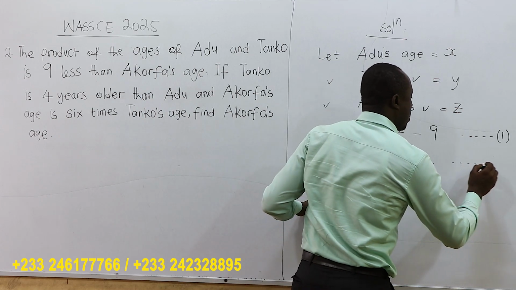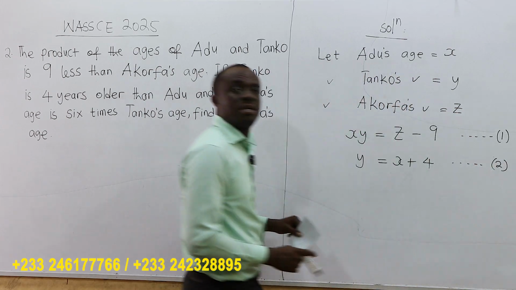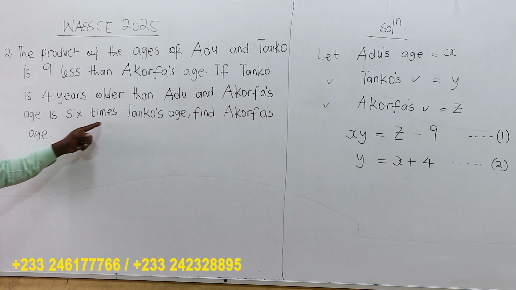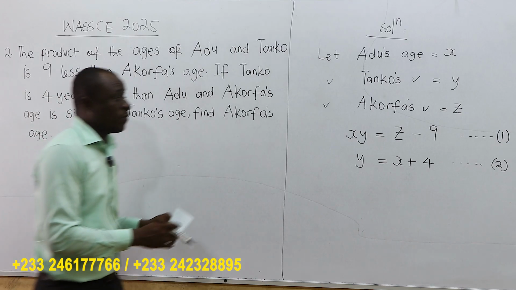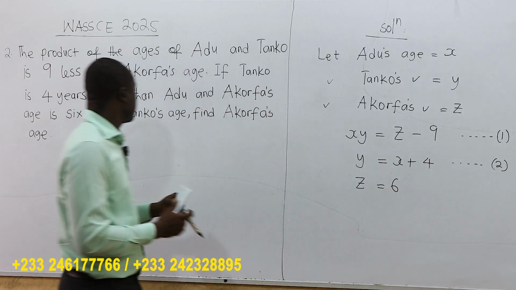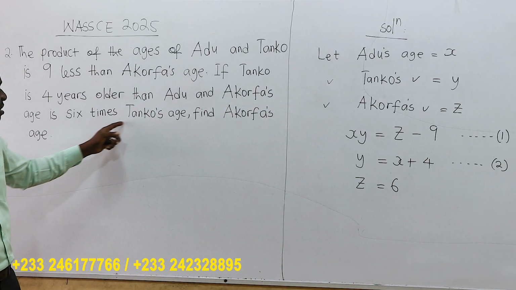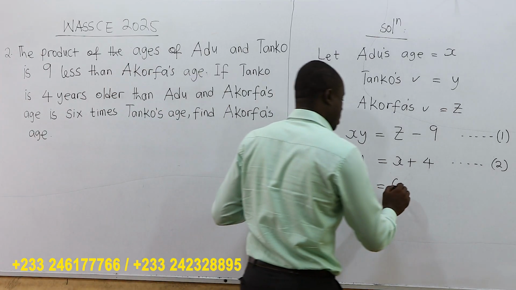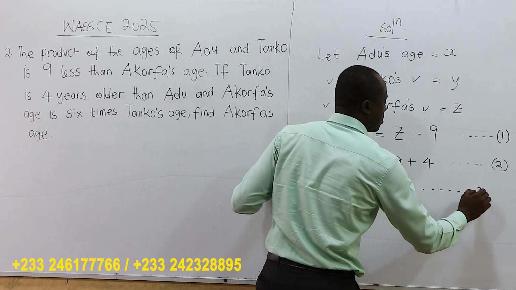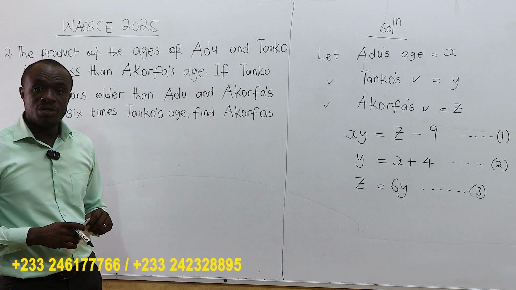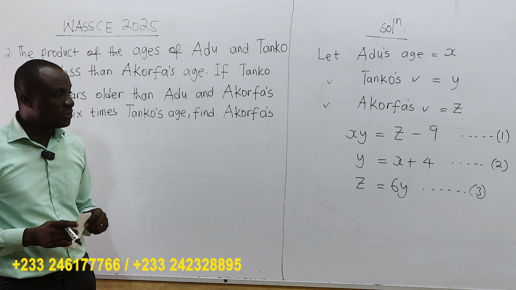This will be our equation 2. And Akofe's age is 6 times Tanko's age. Akofe's age is Z, and Tanko's age is Y, so Z = 6Y. This is equation 3. So we have these 3 simultaneous equations to solve. Wow, isn't it easy? Very easy.